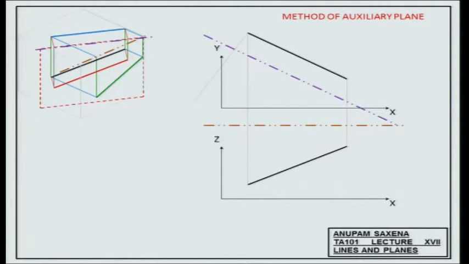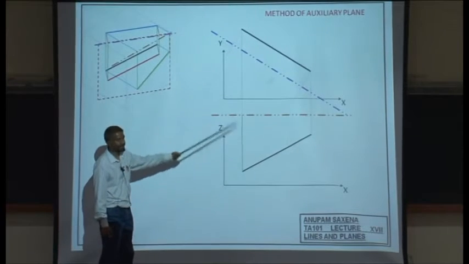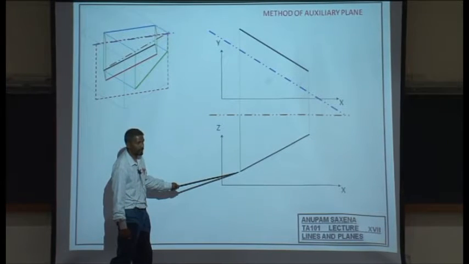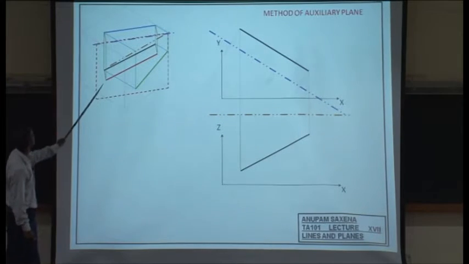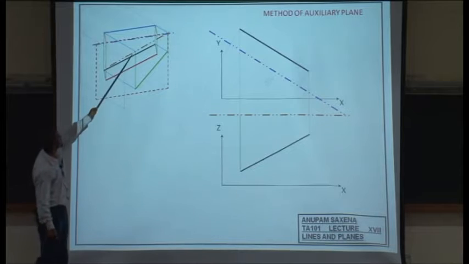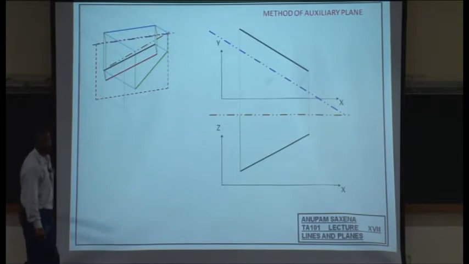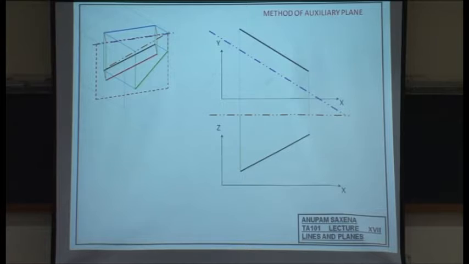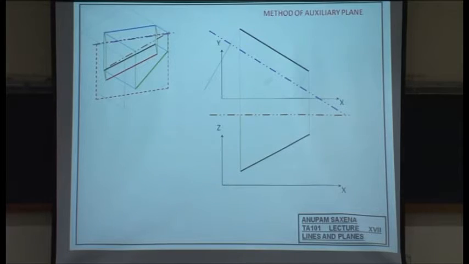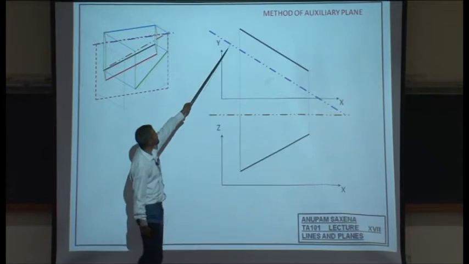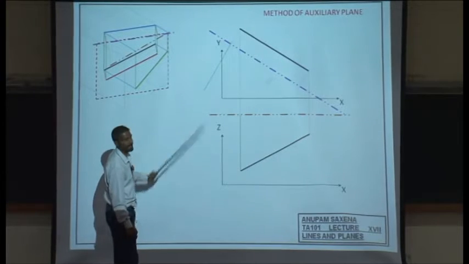Now look at this line here. Look at this distance here. This distance is of this point from this brown hinge line. What I would do is take the same distance, measure from this point of the hinge line, and get this point.